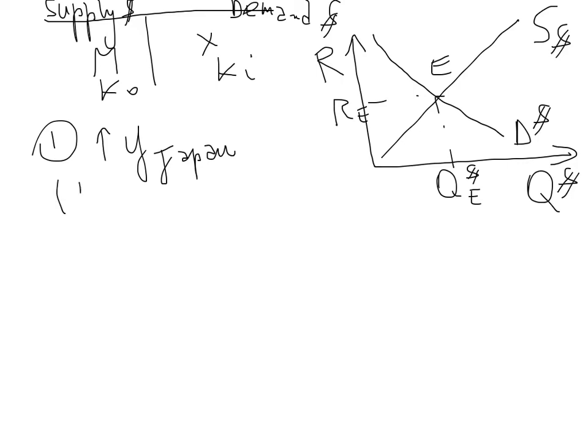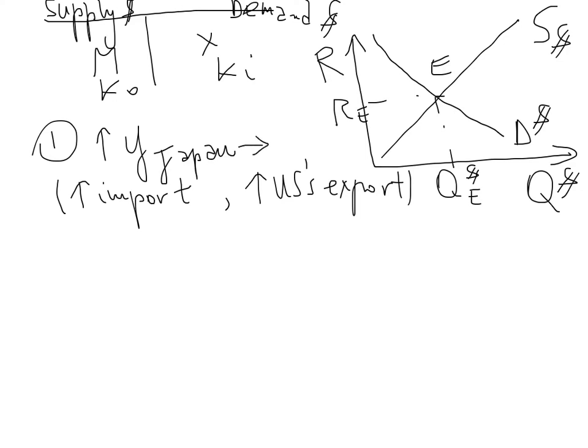They are going to increase their imports, which is an increase in US exports. So the question is, how is this going to affect the exchange rate in the market for US dollars, this one? Let's keep the market for US dollars as a benchmark.